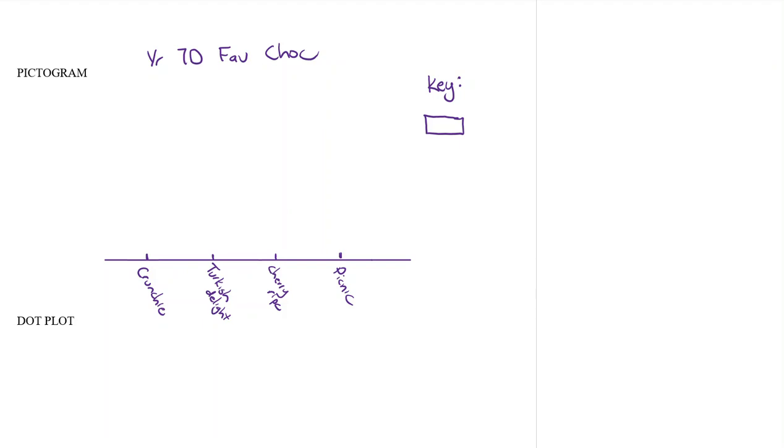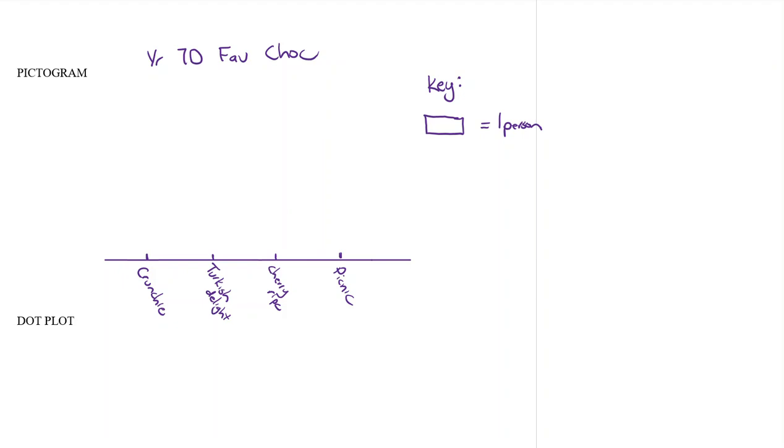So I'm just going to draw a nice little rectangle there because that looks a bit like a block of chocolate. And that is going to be equal to 1 person. Sometimes you might want a block to equal 2 people if you have a lot of people in your data, so you can do that. But we only have 7 as our biggest number, so I think we can just do 1 for 1.